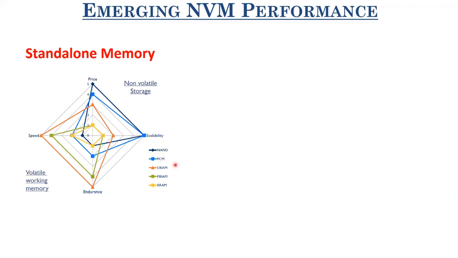Now let us talk about PCM devices. In terms of scalability, yes, they are highly scalable. In terms of cost per bit, they are not as cheap as NAND flash, but still their cost per bit is small. However, in terms of speed, they are somewhat on the slower side. Why?